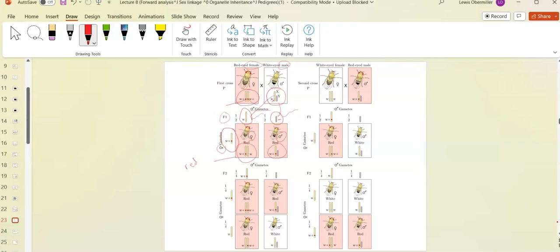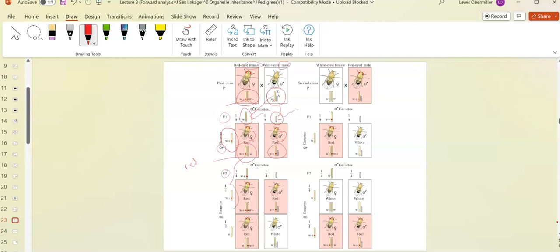Now, these are going to produce the F2 generation. So this is the female, this is the male. The female can produce half of its gametes, right? Half and half, which would be a quarter.